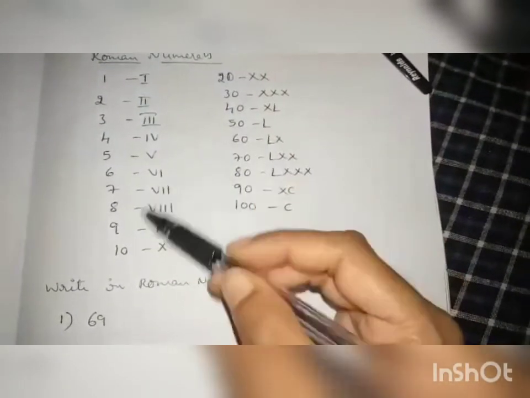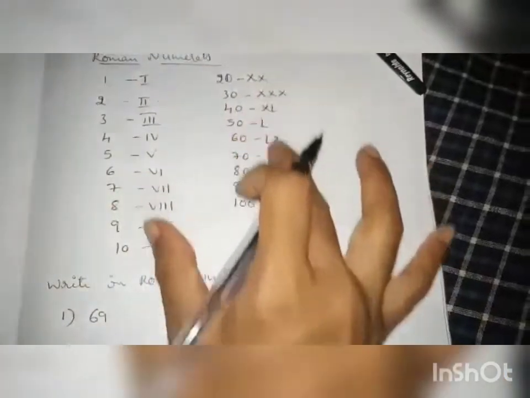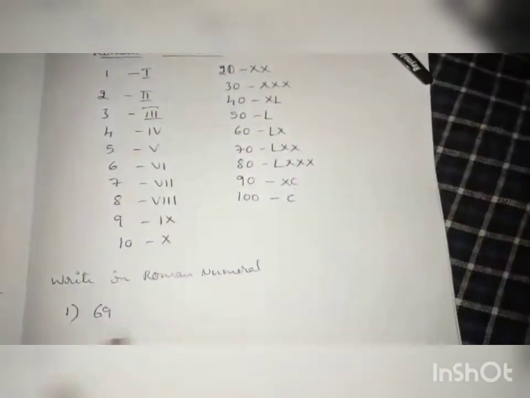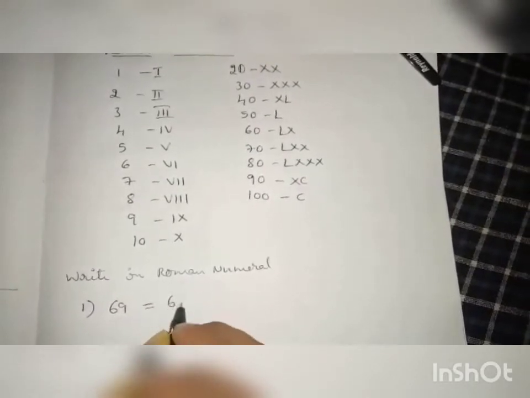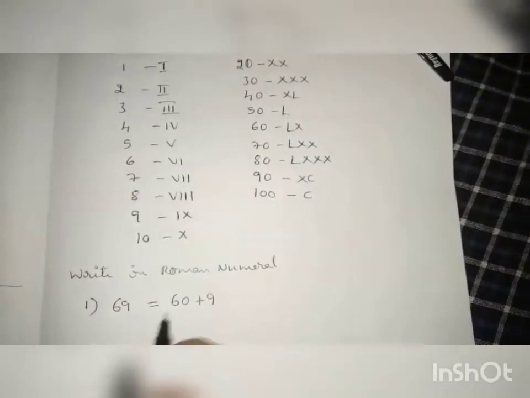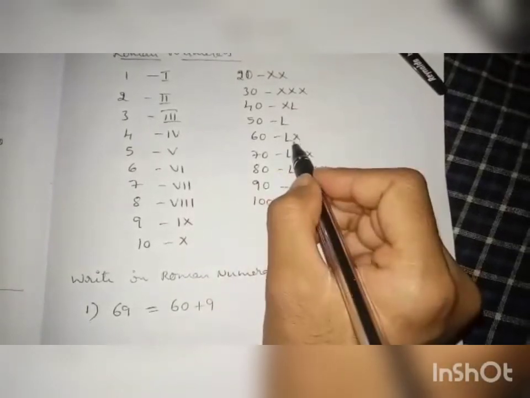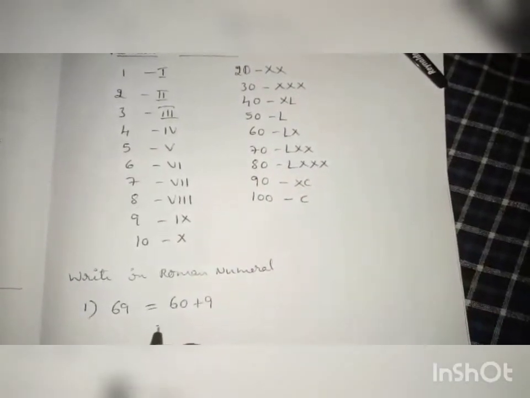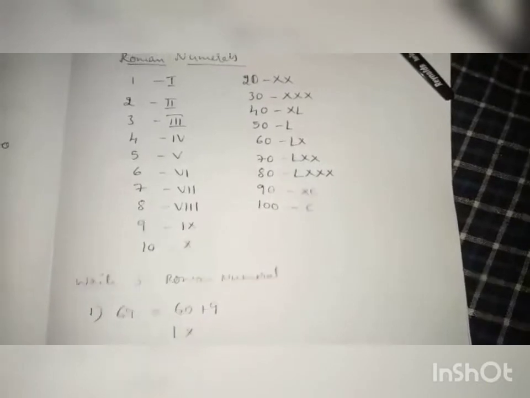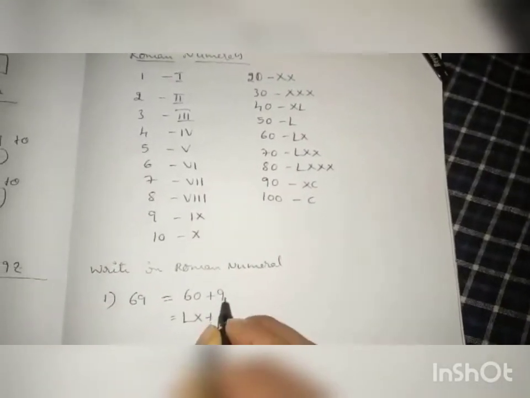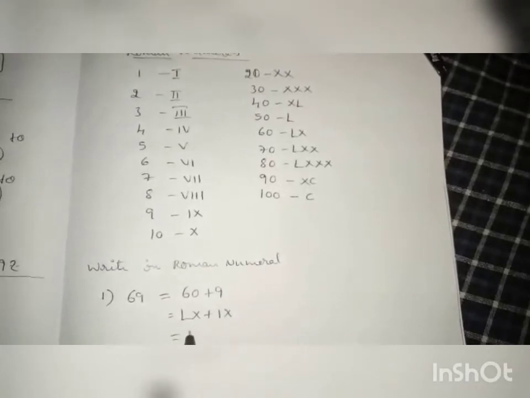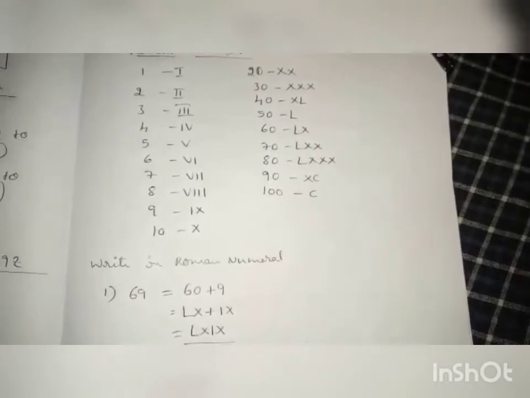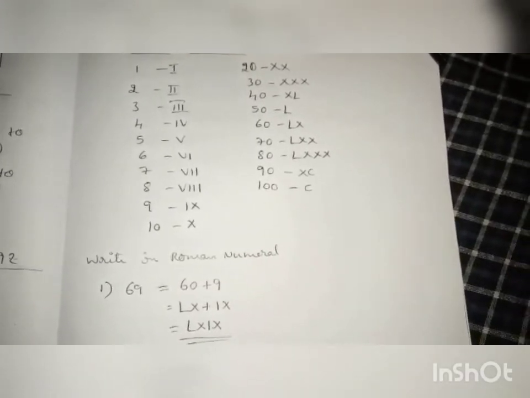Here 69 is not written directly, so we have to separate it. 69 is same as 60 plus 9. 60 means LX. So we will write LX. Plus what is 9? 9 you know already, IX. Next, write it together: LXIX. So this way you have to write it in Roman numbers.